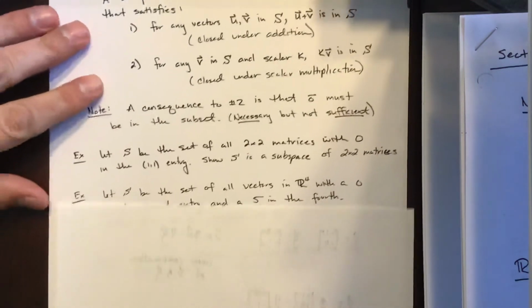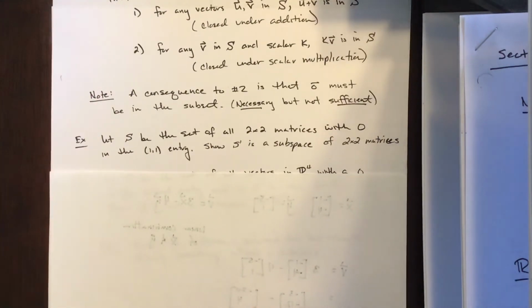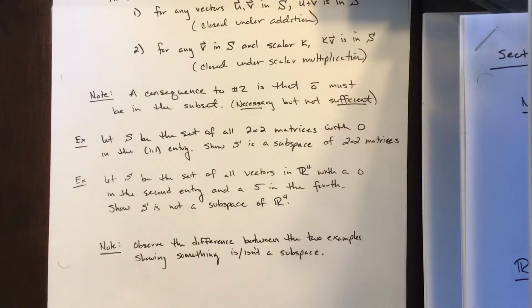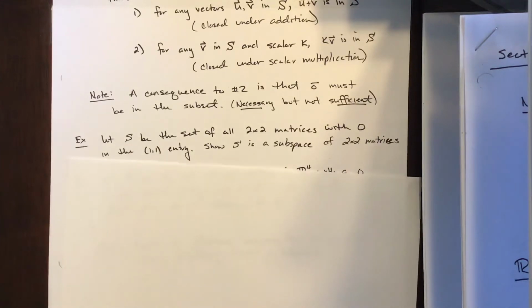Okay, so looking at our first example. Let S be the set of all 2 by 2 matrices with 0 in the 1, 1 entry. Show that S is a subspace of 2 by 2 matrices.